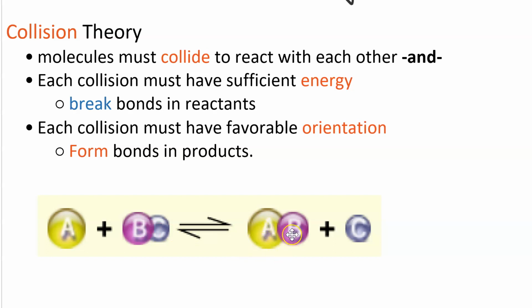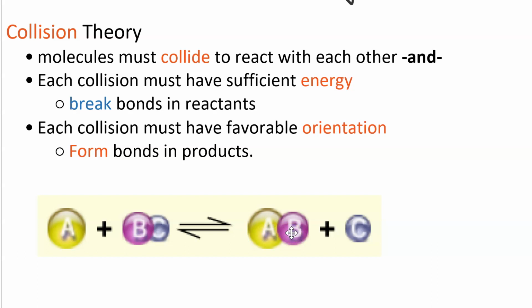Also, we're forming a bond between A and B. So, collisions where atom A doesn't hit atom B perfectly, like say atom A collides with this molecule on atom C, won't be effective because it can't form the bond between atom A and atom B.